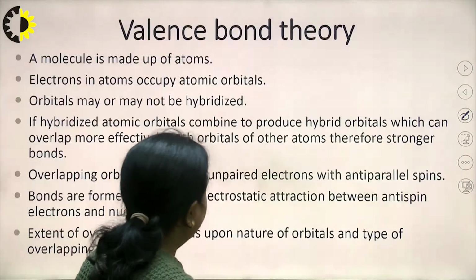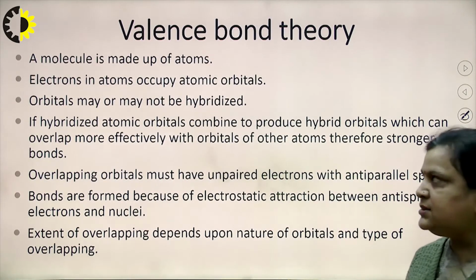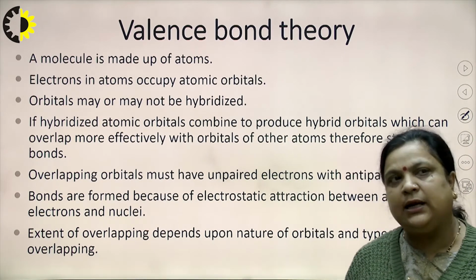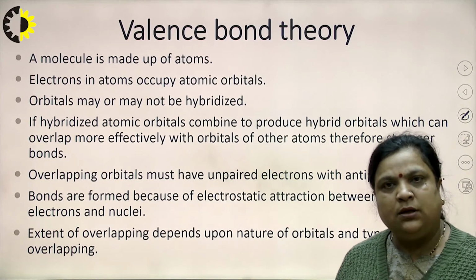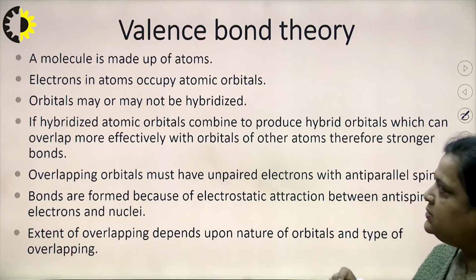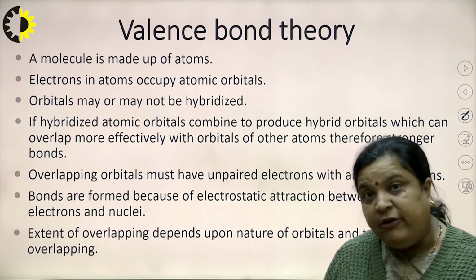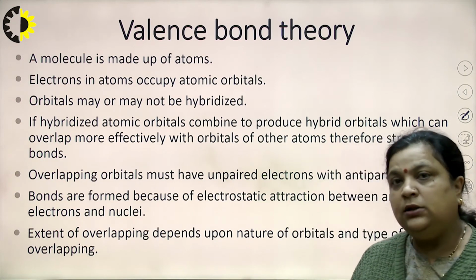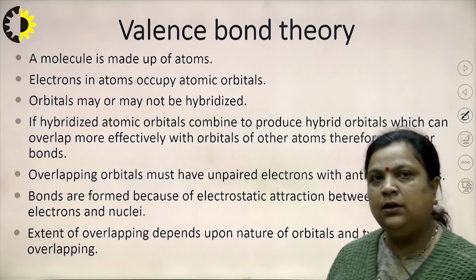It was basically derived by Heitler and London. According to this, a molecule is made up of atoms; when the atoms combine, a molecule is formed. The electrons in atoms occupy atomic orbitals, meaning electrons are present in atomic orbitals. So in VBT, the atomic orbitals whose electrons are unpaired form the molecule.